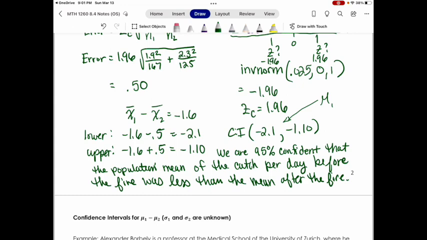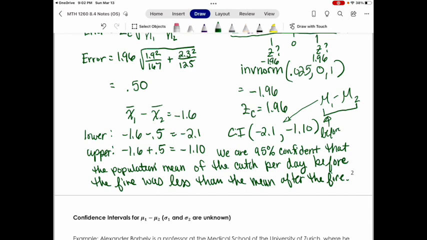the first sample, and then minus the population mean for the second, because the difference of these falls between two negative numbers, mu1 minus mu2 has to be negative. And the only way that it can be negative, we discussed that, is that mu1 has to be smaller than mu2.